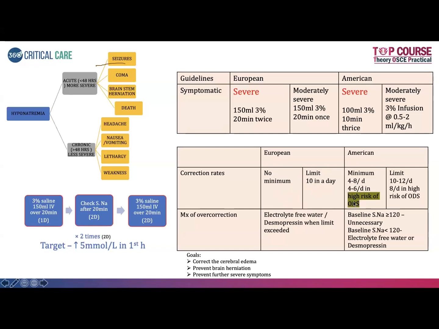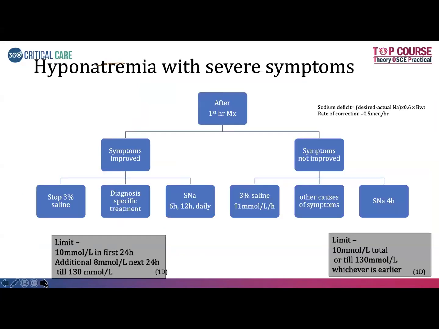There is a certain category of patients who are at high risk of osmotic demyelination, which we look into in the next few slides. So in high risk patients, 6 will be your target. Other patients, 8. Moderately severe, 10 to 12. Okay, 8 in patients with osmotic demyelination risk. The goals of correction would be to prevent cerebral edema, prevent brain herniation, and prevent further severe symptoms.